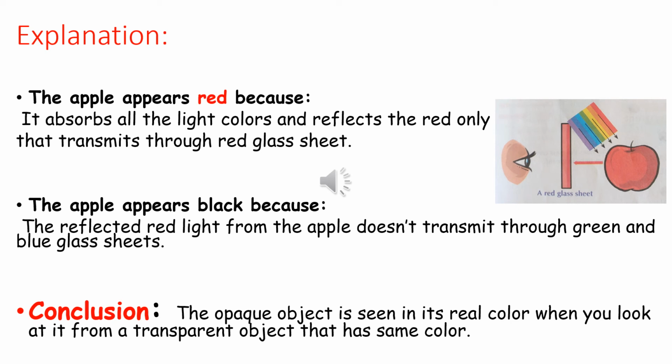The reflected red light from the apple cannot pass through the green and blue glass sheet, as they don't have the same color, and we know the colored transparent object only allows its own color to pass through it. This is why the apple appears black, as no color reaches our eyes.